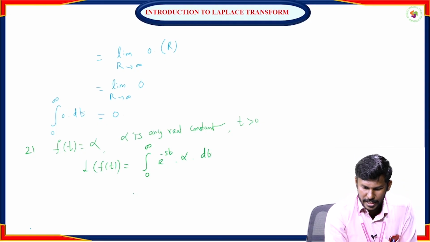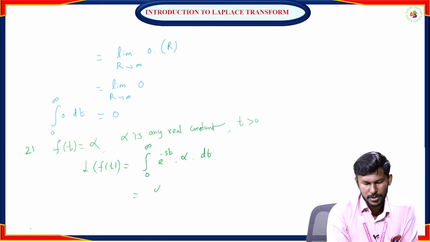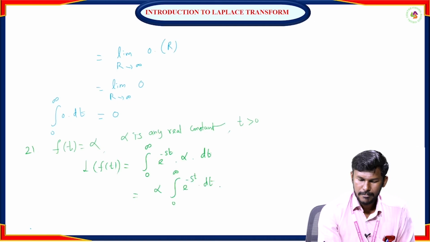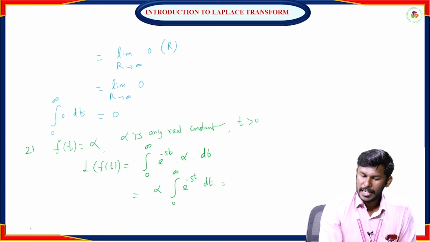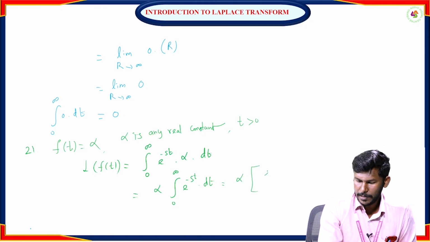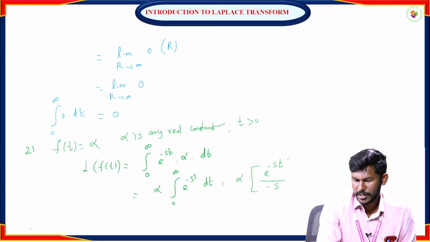So again apply the linearity property, alpha is coming out, so alpha is constant, integral 0 to infinity e power minus st into dt. Then integral of e power minus st is e power minus st divided by minus s, s is a constant. My limit is 0 to infinity.